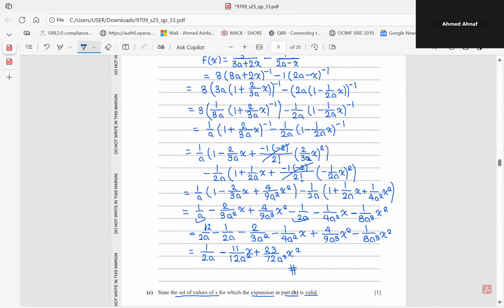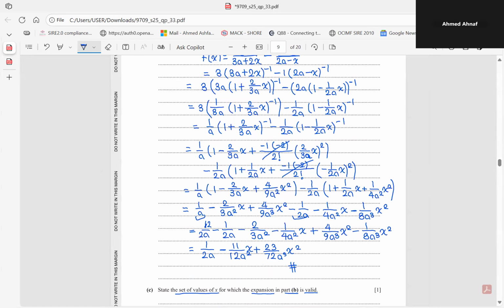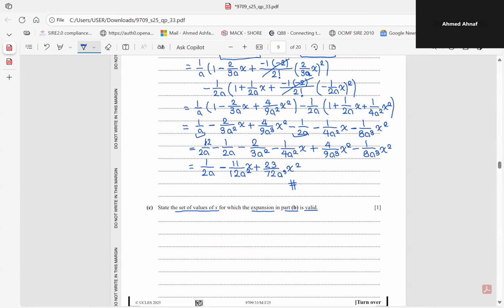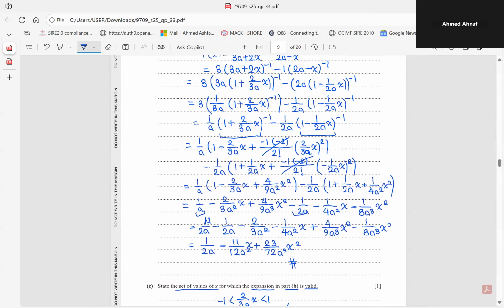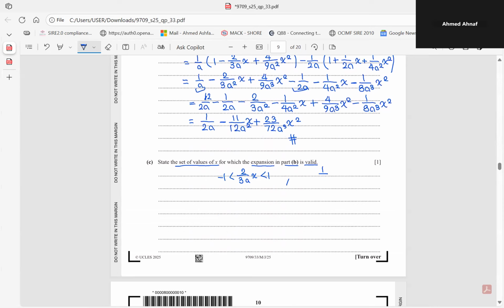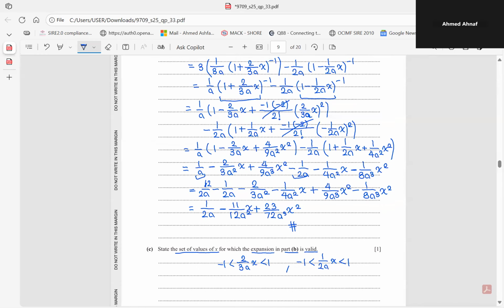Okay, so in our expansion, we expanded this as well as this. So the condition should be that 2 over 3a x must be between 1 and -1, and that 1 over 2a x must also be between 1 and -1. Yep.